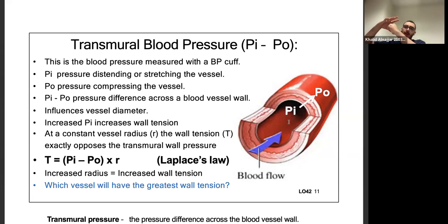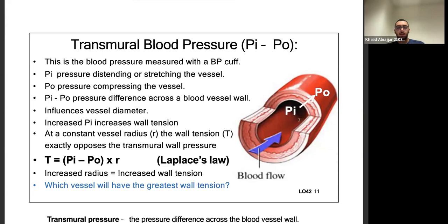One is pushing outside and trying to dilate the artery, and one is pushing from the outside, trying to compress the artery. PI is distending or stretching the vessel, and PO, the outside pressure, is compressing the vessel. The difference is the difference of pressure across the blood vessel. And this is basically what influences the vessel diameter, and this is what we call dilate and constrict.